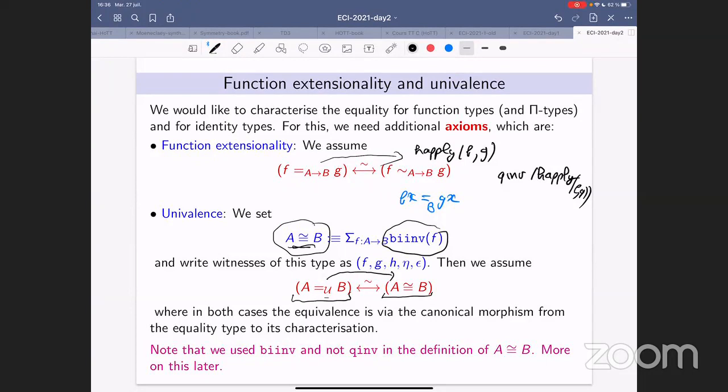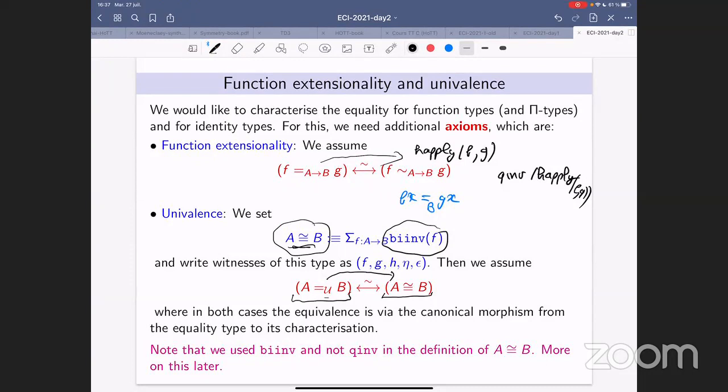And when internalizing, we have to be very careful, because these guys being logically equivalent doesn't mean that replacing one by the other, these different notions of a type of equivalence, is harmless, because this is now a type, and these types are not going to be in general equivalent. So it really matters what we choose. And if we choose it well, it works. If we don't choose it well, it's inconsistent. Okay, so with this warning, let's move on.